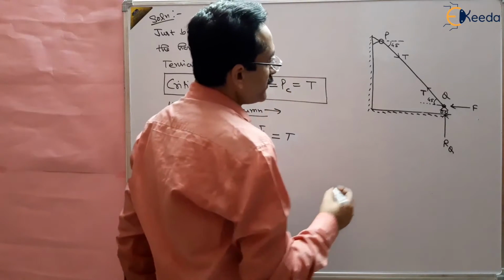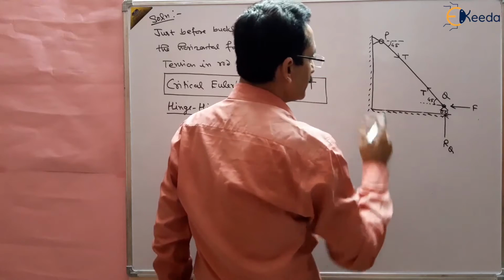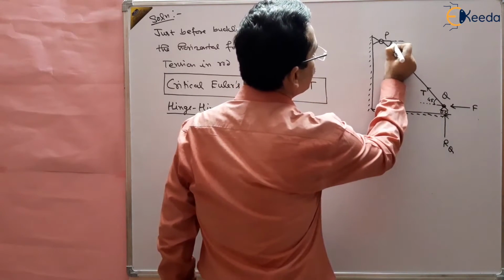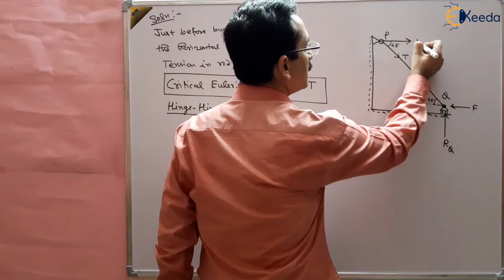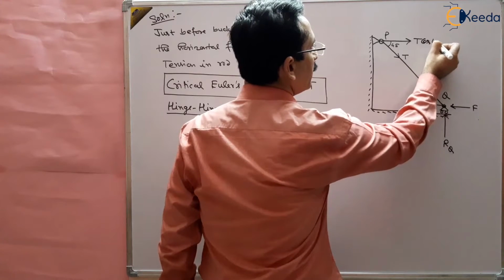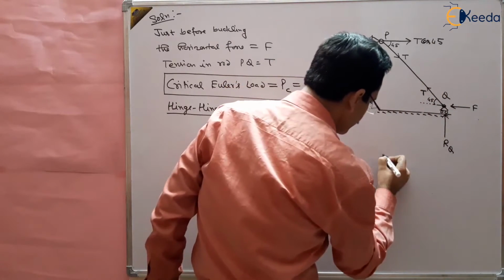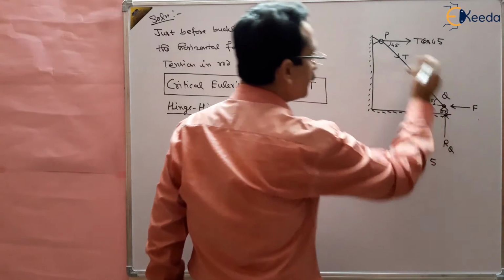If before the start of buckling the body was in static equilibrium, the horizontal force should be equal to the horizontal component of the tension. So F should be equal to T cos 45 for static equilibrium.